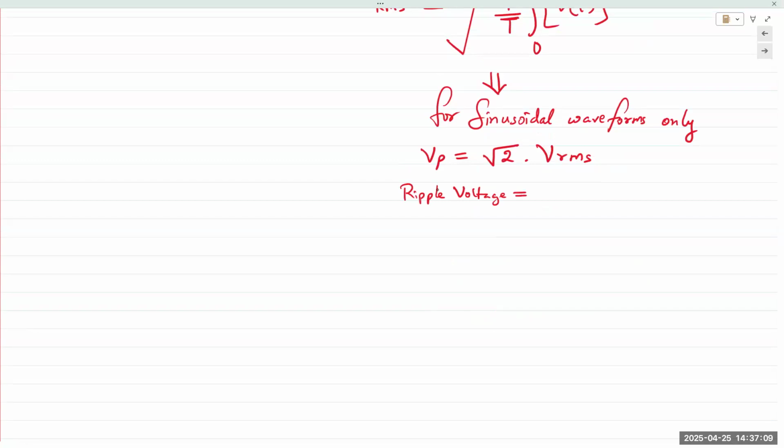So any waveform that has a maximum and a minimum, it's just peak-to-peak. It does not have a half peak in that sense. It does not have a peak value. So ripple voltage is V_R(P-P). In this case, the peak value and the peak-to-peak value are exactly the same.